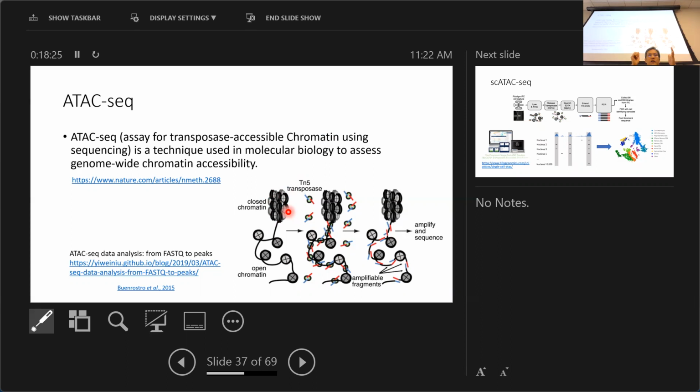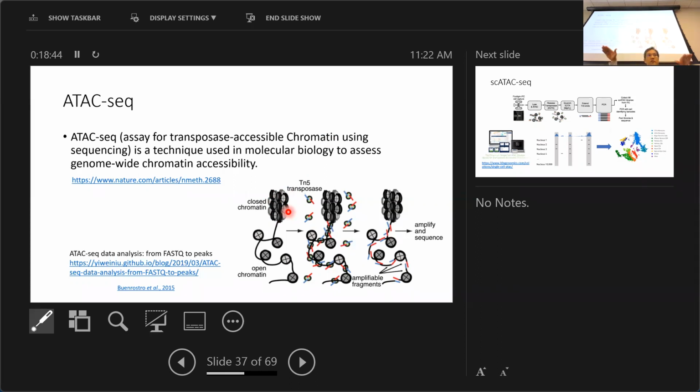When you need the region, for example, to let a transcription factor protein bind on it and start the transcription machinery, this particular region can become open chromatin.